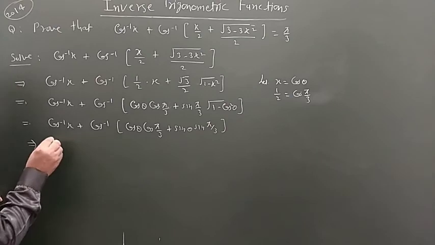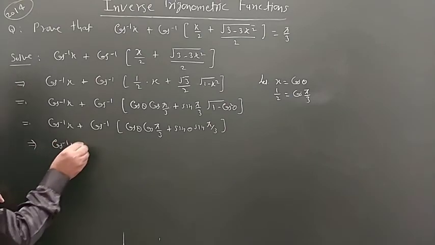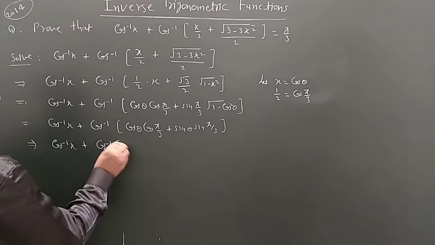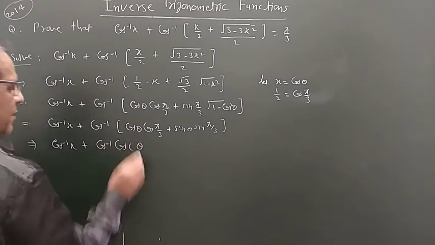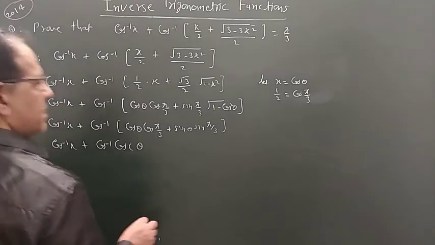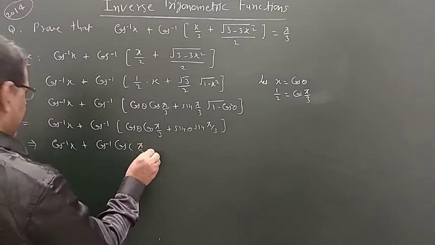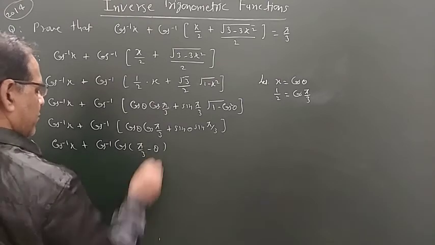Now this becomes cos inverse x plus cos inverse cos of (pi by 3 minus theta).